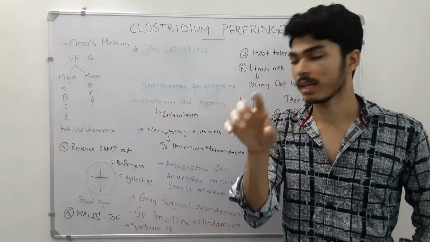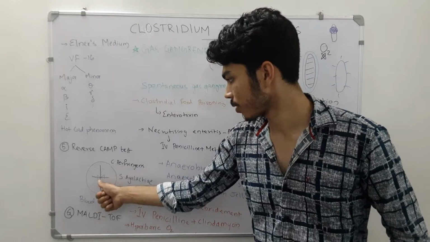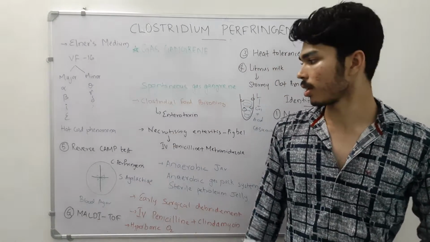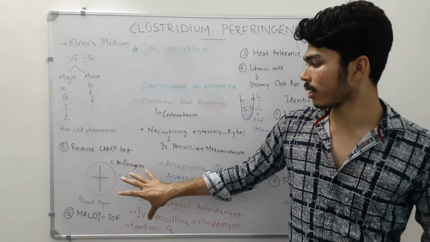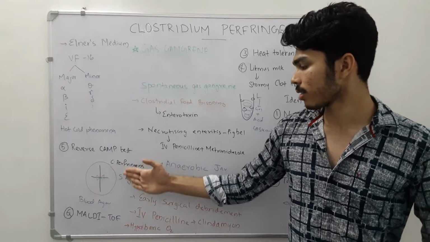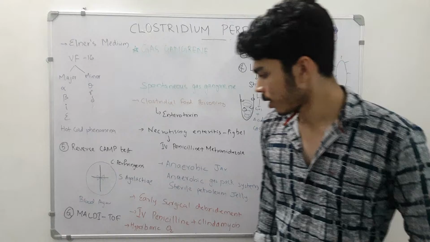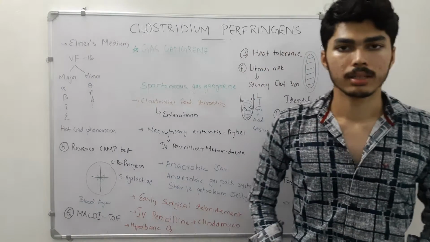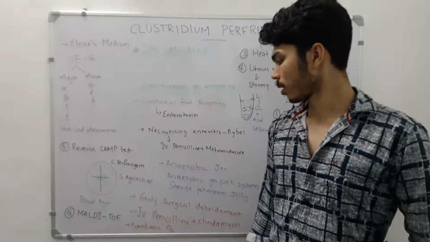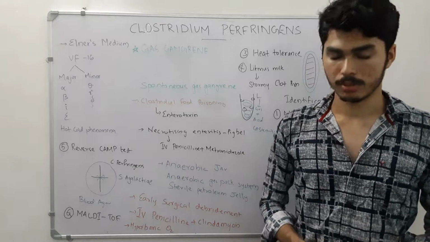The arrow will be pointing to the Clostridium perfringens. When you observe that, it is called the reverse CAMP test, and it is positive for Clostridium perfringens. Next is an automated method that you can use, and that is MALDI-TOF. So that is all about the identification.